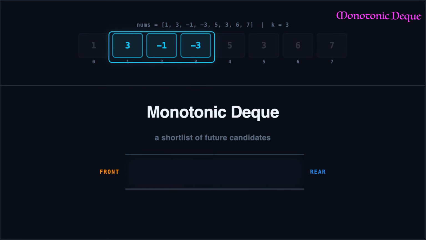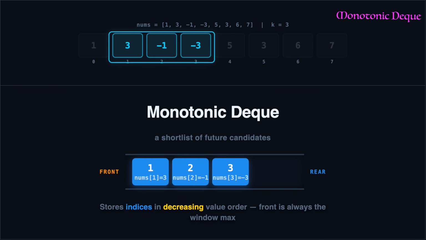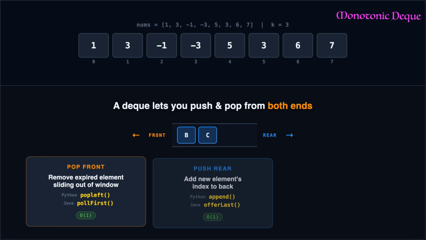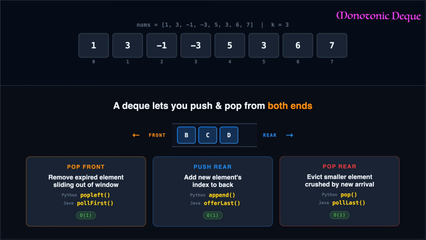Enter the monotonic Deque. Think of a Deque, short for double-ended queue, as a special line where you can add or kick people out from both the front and the back. The monotonic part just means the values always flow in one direction, increasing or decreasing. For this problem, we need the decreasing variant.